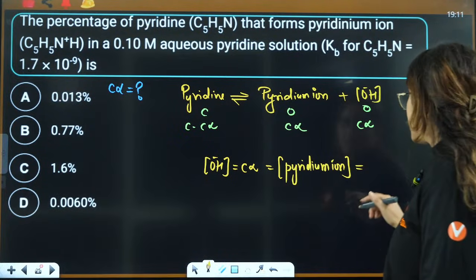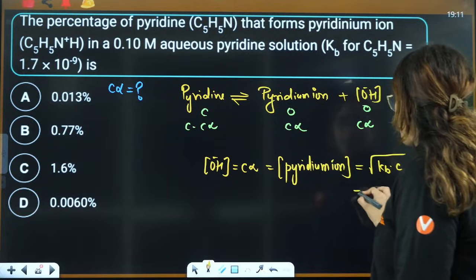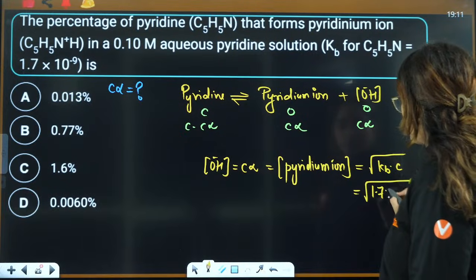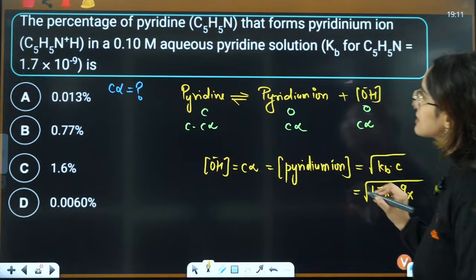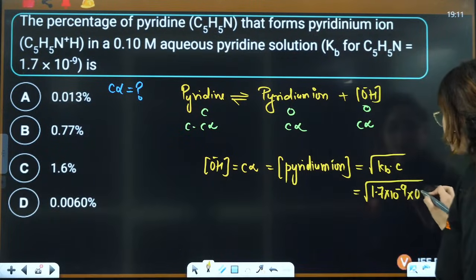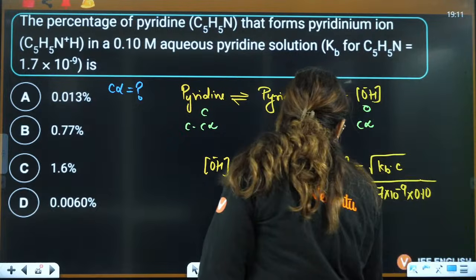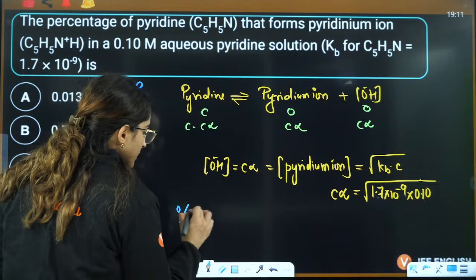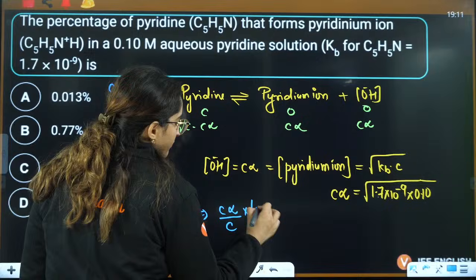So the value of C alpha is going to be under root of Kb into C. Kb is given to you, that is 1.7 into 10 raised to power minus 9. Concentration is given to be 0.10, right? Put the values here, get the value of C alpha, and then the percentage value is going to be C alpha divided by C multiplied by 100.